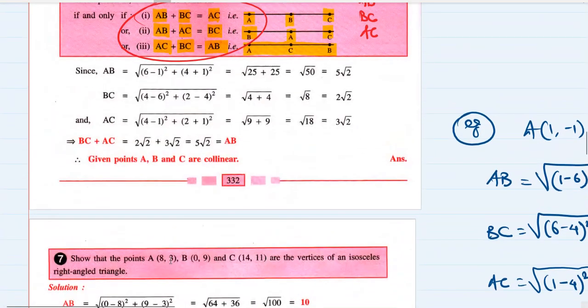Show that the points A, B, C are the vertices of an isosceles right angle triangle. Very nice question. The points are 8, 3, 0, 9, 14, 11.